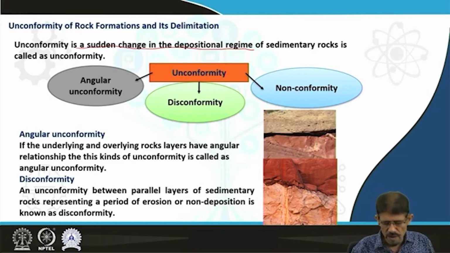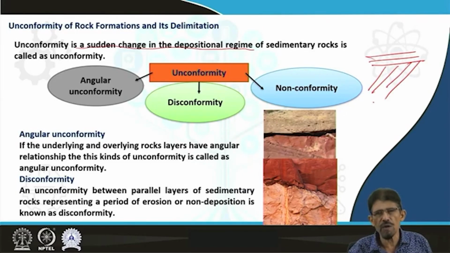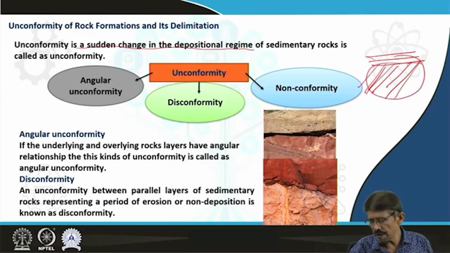The angular unconformity, as the name indicates, is where the overlying and underlying strata have an angular relationship. The older has a different parallelism, while the younger has different parallelism. You can see the angular relationship. Here the overlying rock is horizontal, almost low angle, where the downward rock is of high angle.